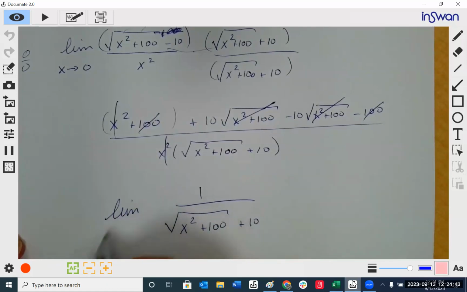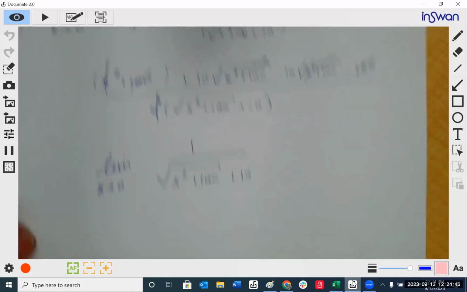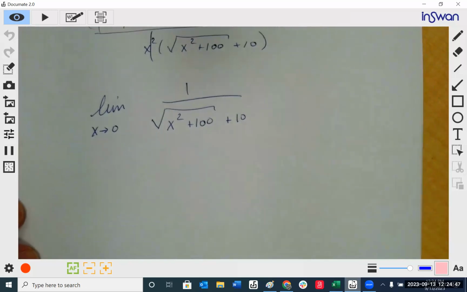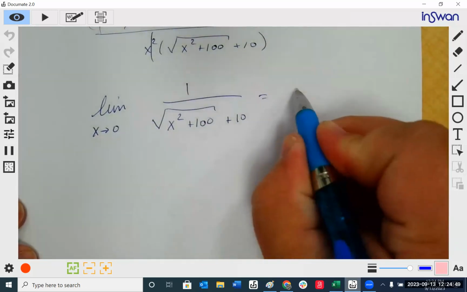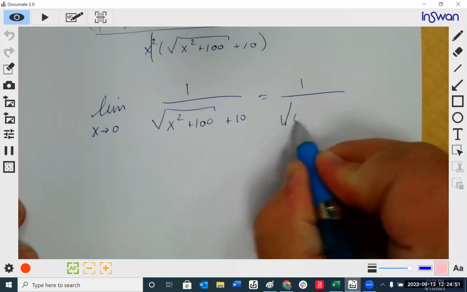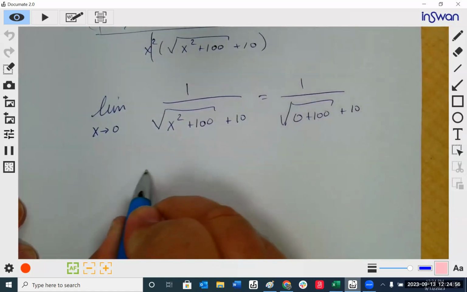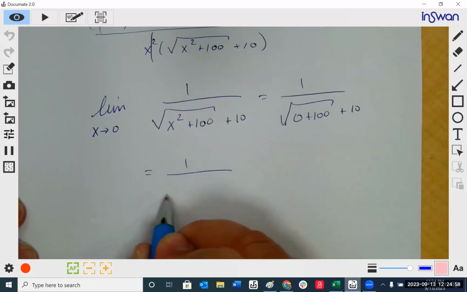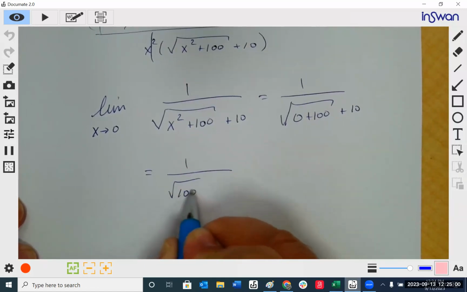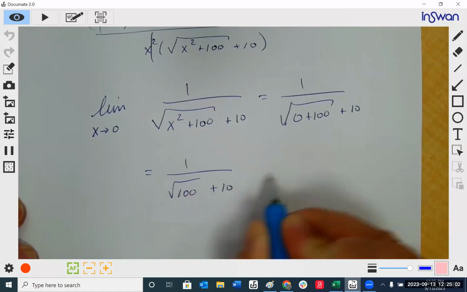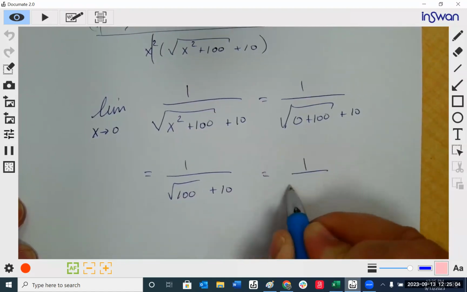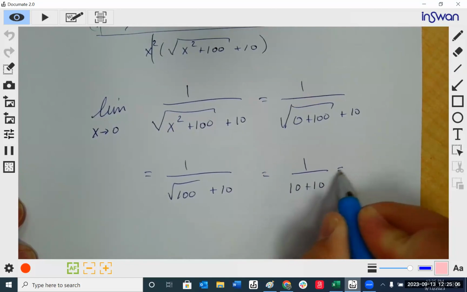Remember, this is the limit as x approaches 0. Zero plus 100. And plus 10.